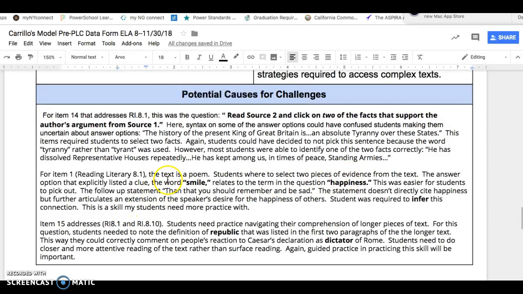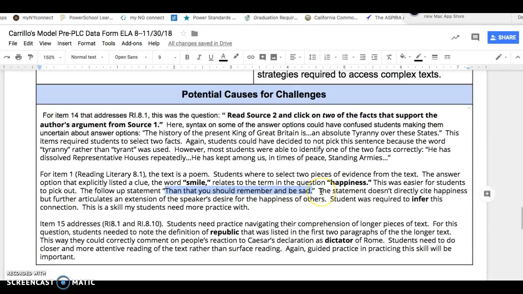There was a clue, the word smile, in the option that related to the term in the question that had to do with happiness. So clearly that was easy for the students to pick. The follow-up statement, quote, then that you should remember and be sad. If you look at that statement, there are no clues that indicate anything about happiness, not directly anyway. Students would have had to infer that.